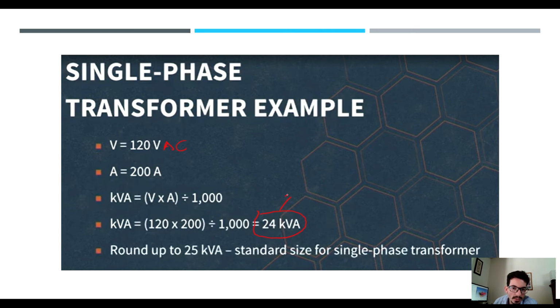This is the actual net amount of power that the transformer is using, but the standard size is 25 kVA. So if beforehand you do the calculations and get 24 kVA, when you buy the transformer, you go to the tables and buy the next standard size, which is 25 kVA.